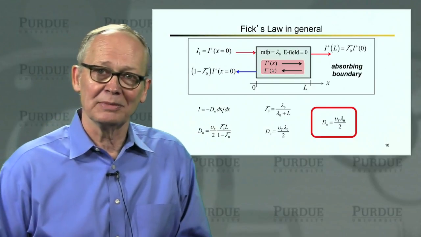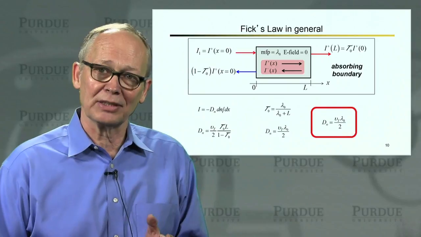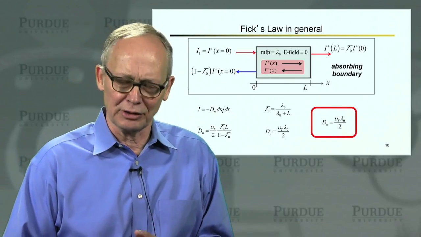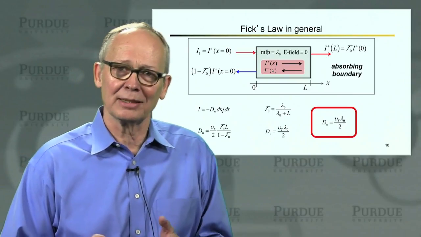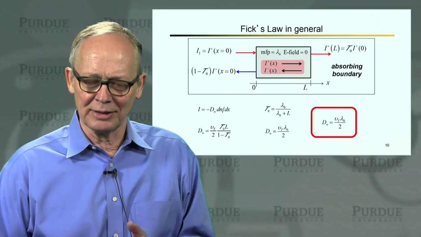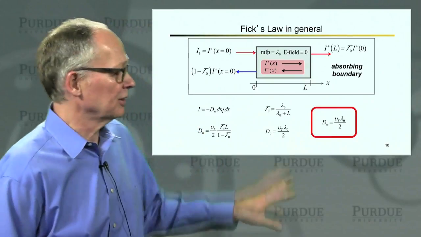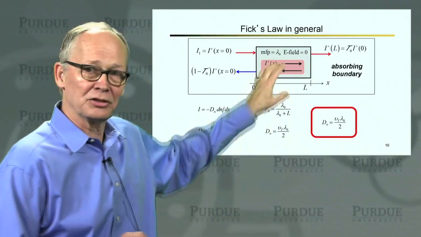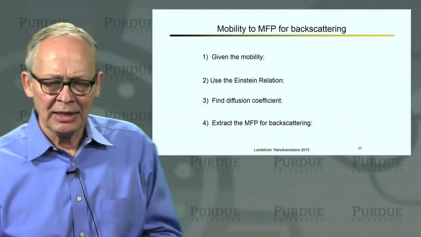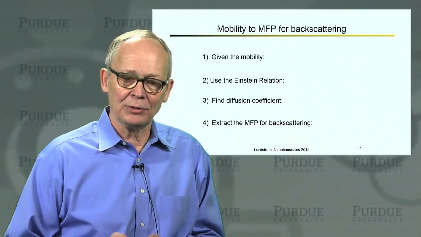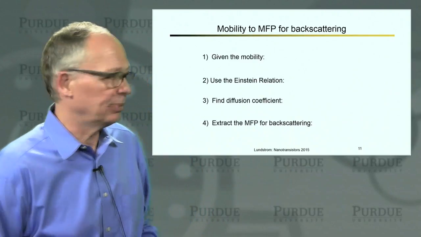Sometimes it's useful in analyzing nano devices to make use of Fick's law, which is a little bit counterintuitive, and generally it's something that people avoid doing. But it turns out that it can be done under certain conditions, specifically under the conditions we used to derive this relation.